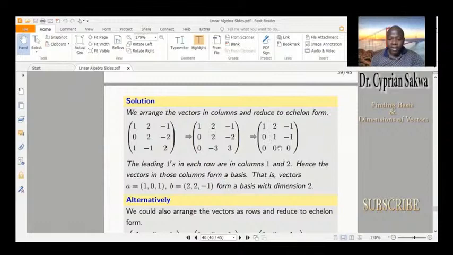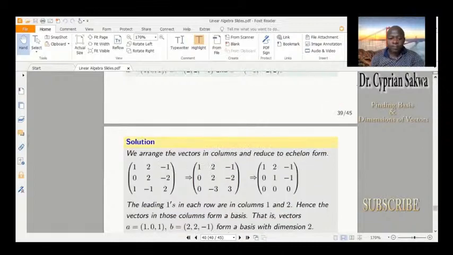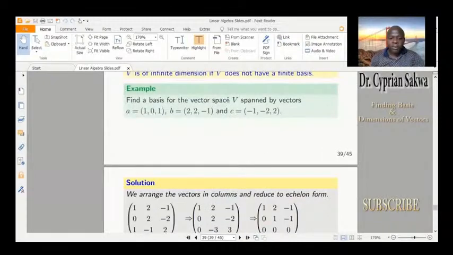So the vectors in those 2 columns form the basis of these vectors. So vector A and vector B form a basis. And since they form a basis, this basis has only 2 elements, and therefore the dimension of this vector space is 2.